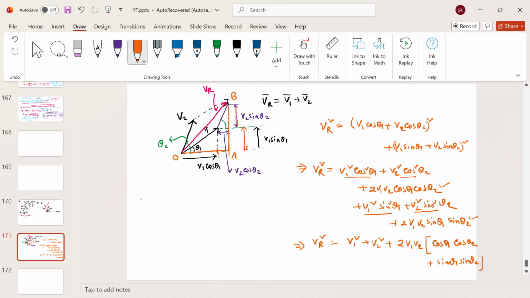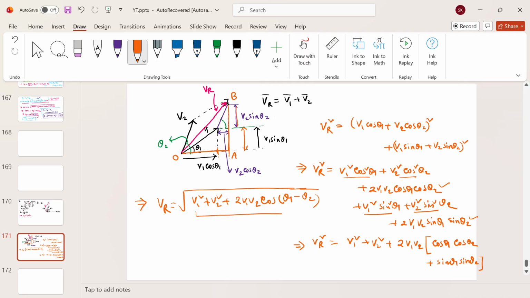So this is basically the expression of cos of theta 1 minus theta 2. So the resultant magnitude will come V1 square plus V2 square plus 2V1 V2 cos of theta 1 minus theta 2. So this expression will come.